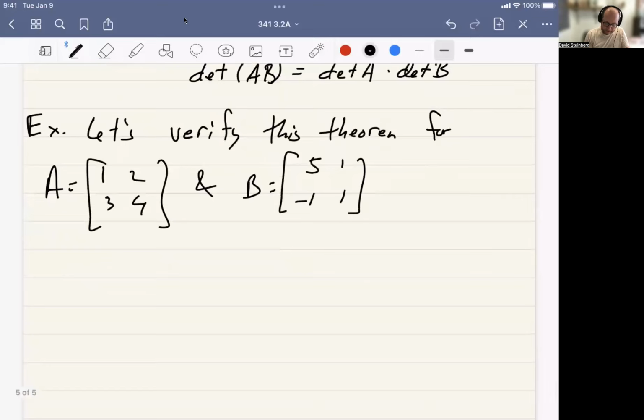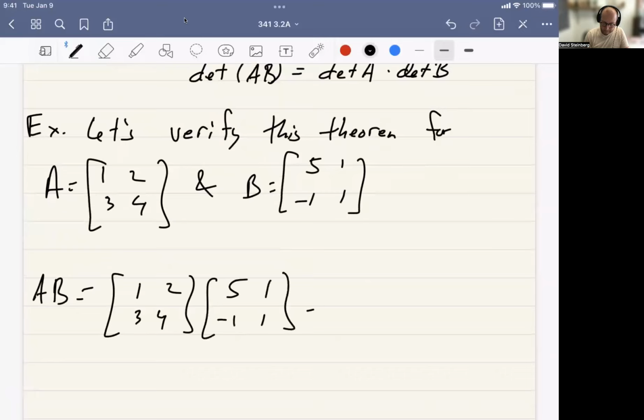Let's compute the product AB first. [1, 2; 3, 4] times [5, 1; -1, 1]. Okay. So our arrows are like this. So it's 5 minus 2 is 3. 1 plus 2 is 3. 15 minus 4 is 11.